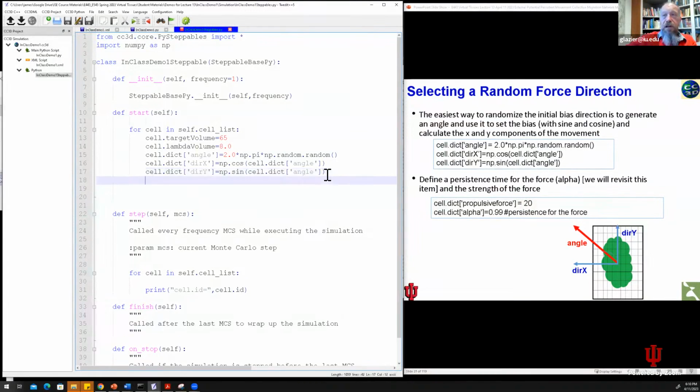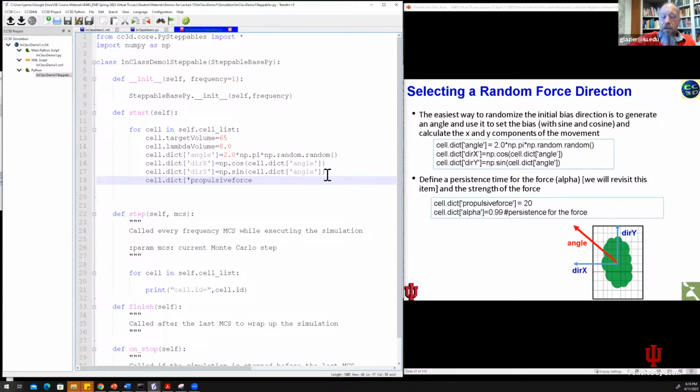And now I'm going to define the amplitude of my force. So I'll say cell.dict. And you could give these things shorter names, save you typing if you want. Cell.dict repulsive, oops, I spelled it wrong. Force.